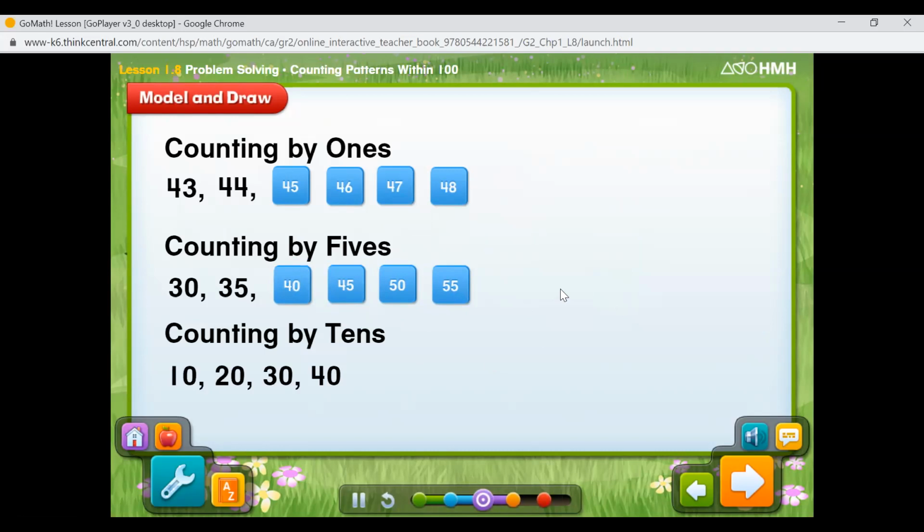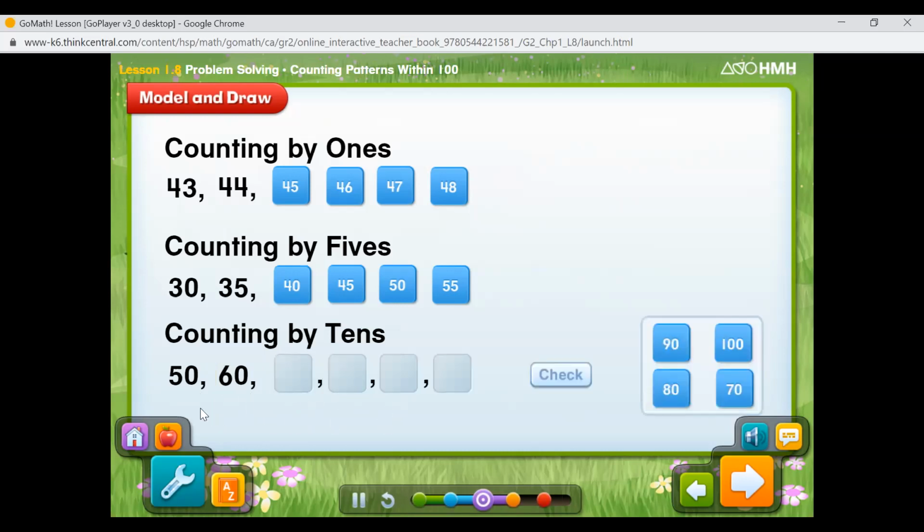Let's look at one more way of counting. You can count by tens saying 10, 20, 30, 40. Think about counting by tens starting with different numbers. As you say each number, it is 10 more than the number before it. Drag the numbers to the boxes to continue counting by tens, then check your answer.